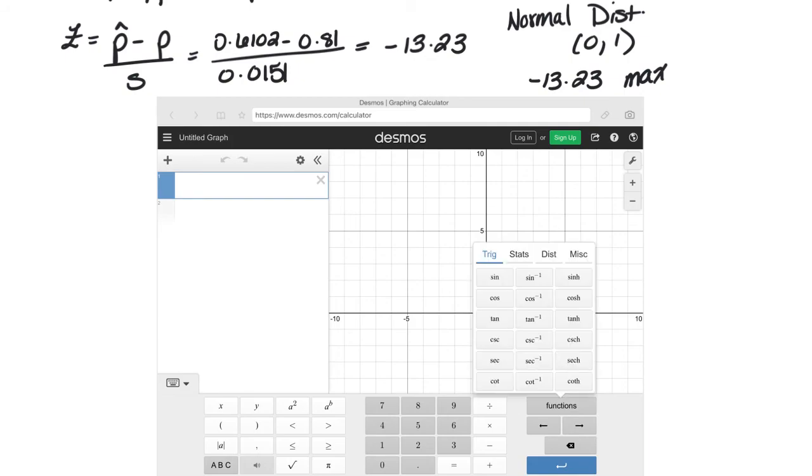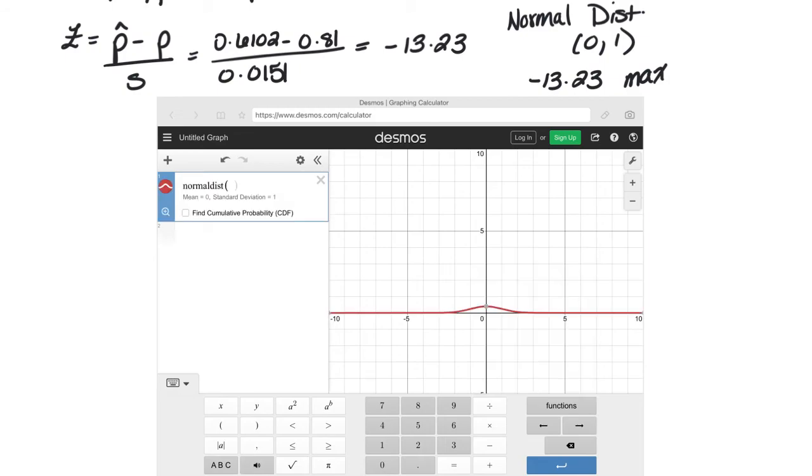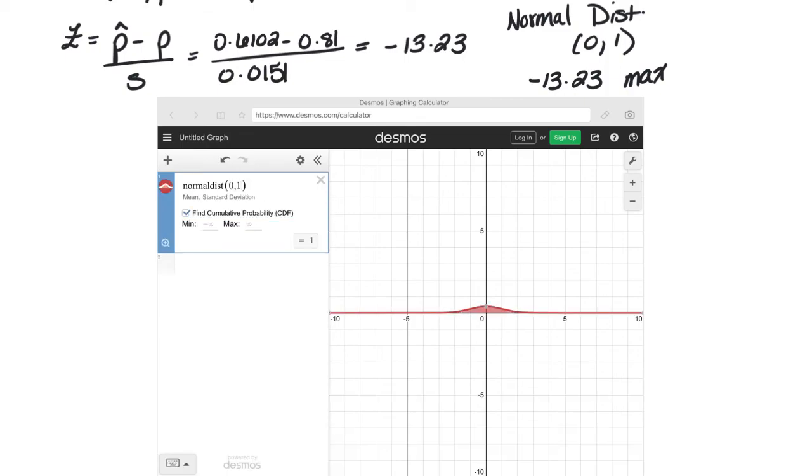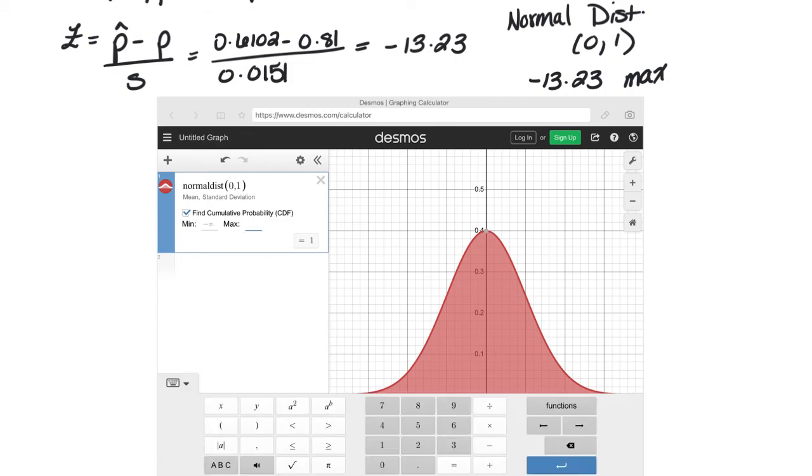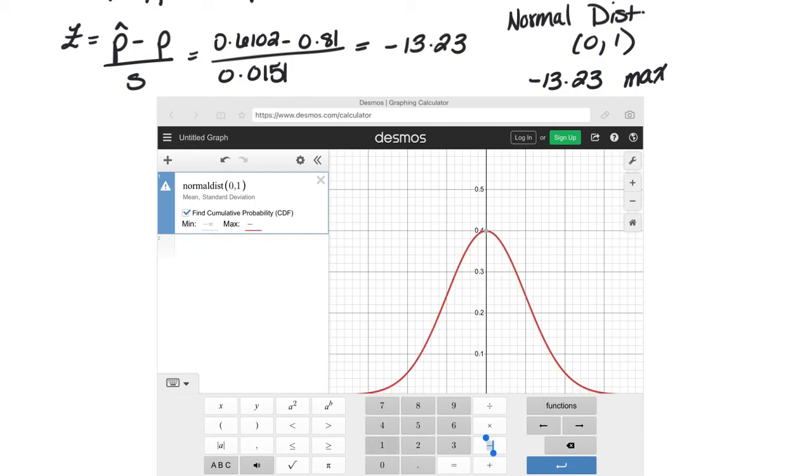So I'm going to use Desmos. I'm going to go to functions, I'm going to go to distributions, normal distribution, and I have a mean of 0 and a standard deviation of 1. So here is my normal distribution curve, and I do want to use a maximum value of negative 13.23, so using my z-score.